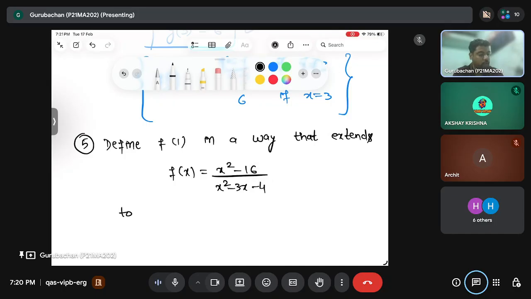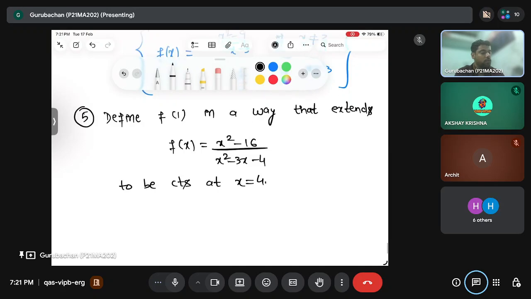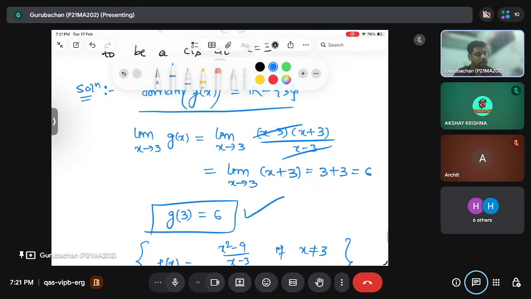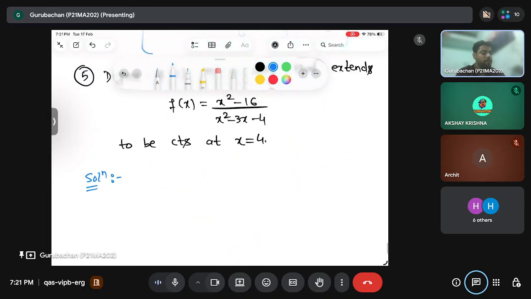So to be continuous at x equal to 4, quickly find out what can be f(1). What can be f(1)?